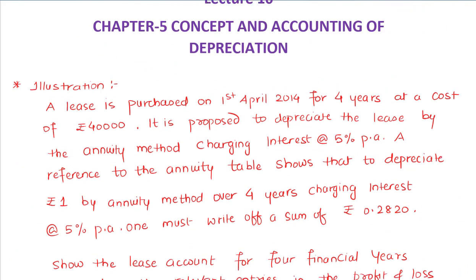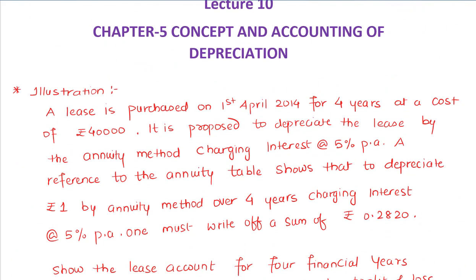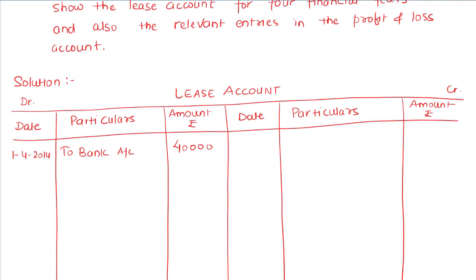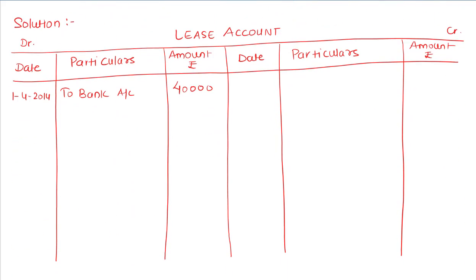Go to the question. It is proposed to depreciate the lease by an annuity method charging interest at the rate 5% per annum. This is also a cost, 5% per annum.